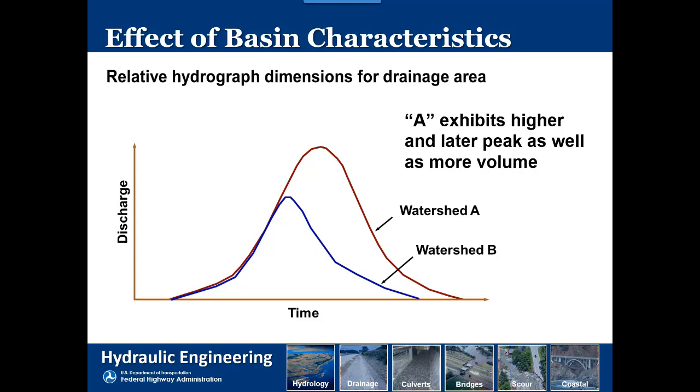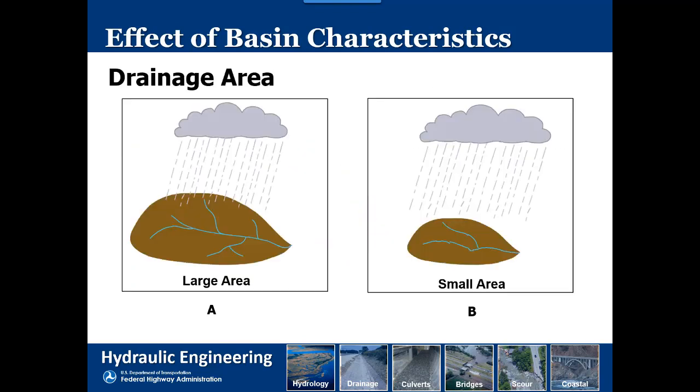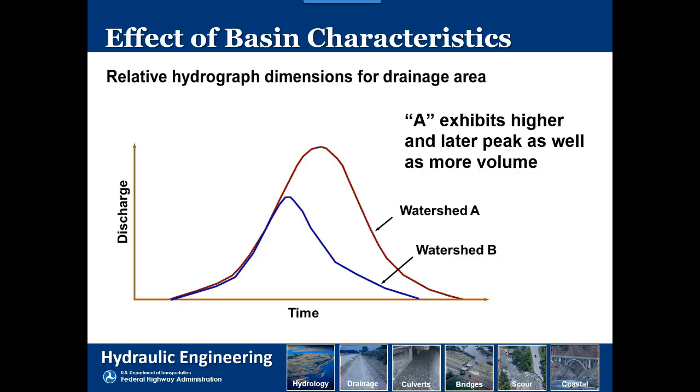And it comes later than the smaller drainage area. And then it also lasts longer along that timeline. Watershed B has a smaller peak. It's pretty much the same, but it's a smaller watershed, so it peaks earlier and the hydrograph ends earlier. So for these two scenarios, large area, small area, we're getting these hydrographs.